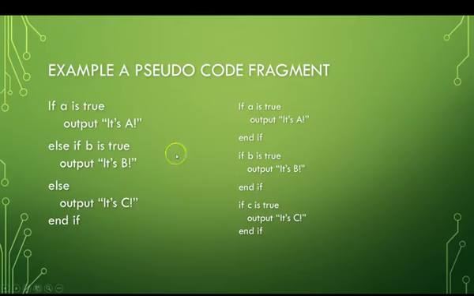Now that's only for the case where they're exclusive. If A, B, and C aren't exclusive, then we have to test for them separately anyway. That's the case where A and B and C could all be true or some combination. When they're exclusive, only one from the set can be true. Okay?